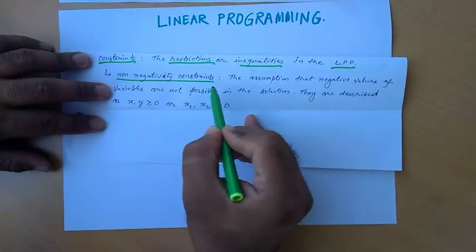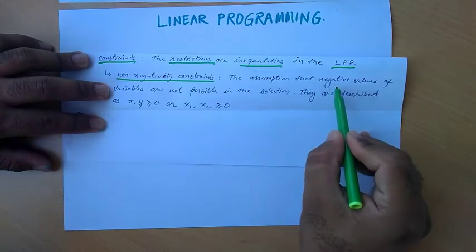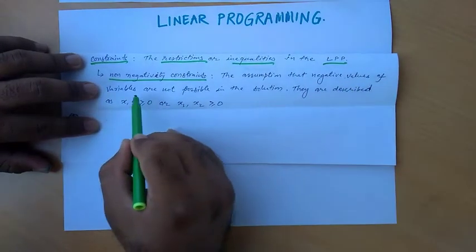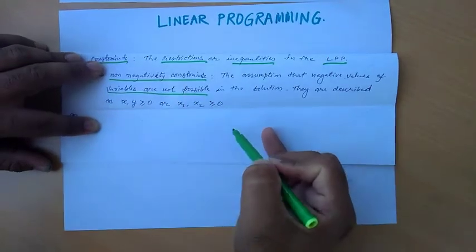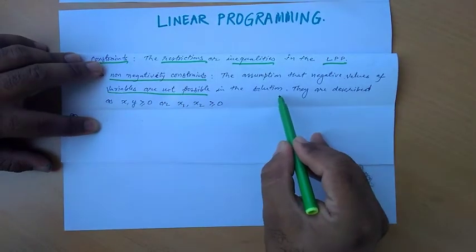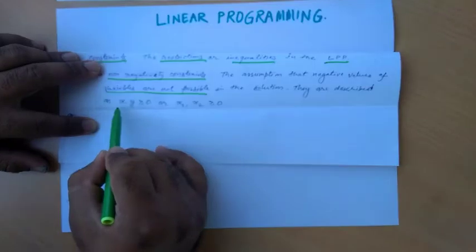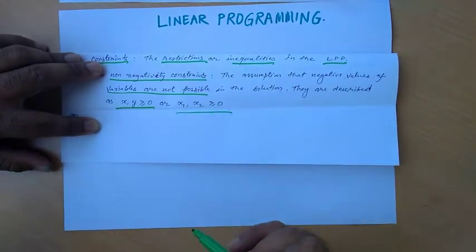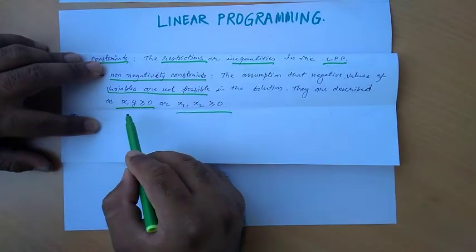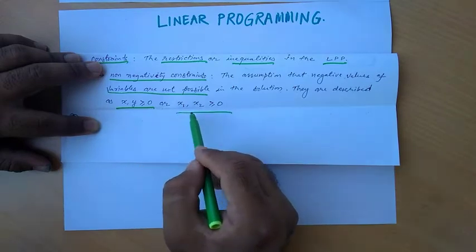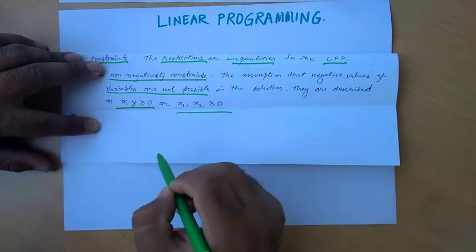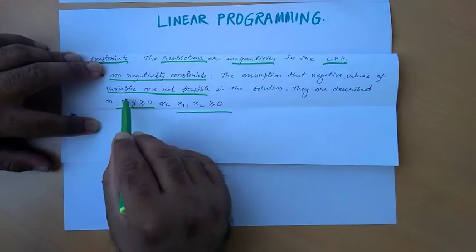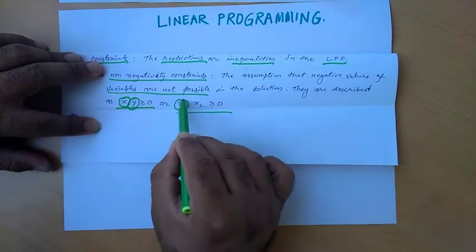And the other thing, the non-negativity constraints, are nothing but the assumptions that negative values of variables are not possible. Obviously we are considering that in the solution. They are described as x, y both greater than or equal to 0, or x1, x2 greater than or equal to 0. So we are not considering that value as negative.